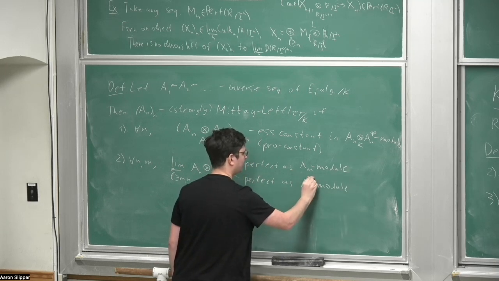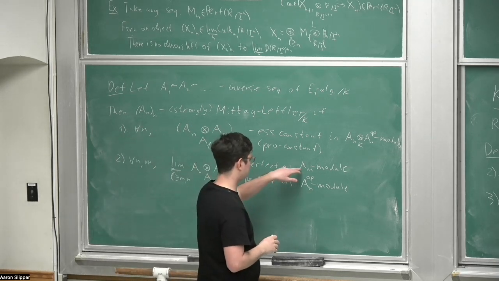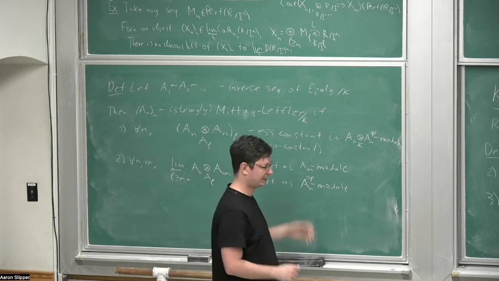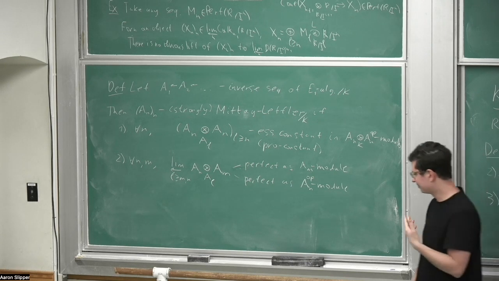Let's write A_n opposite, meaning that by default the modules are right modules. So this is a right A_m module and a left A_n module.